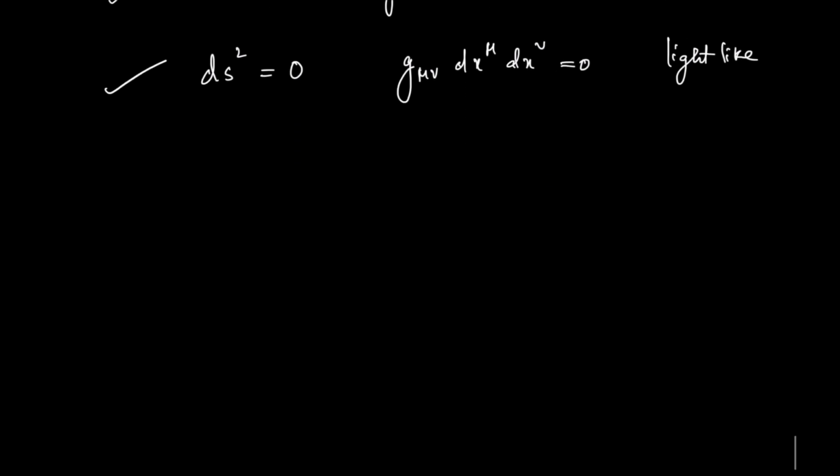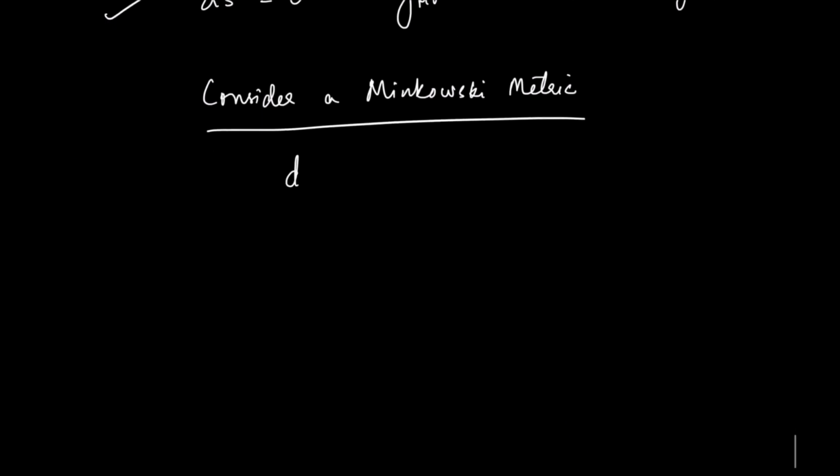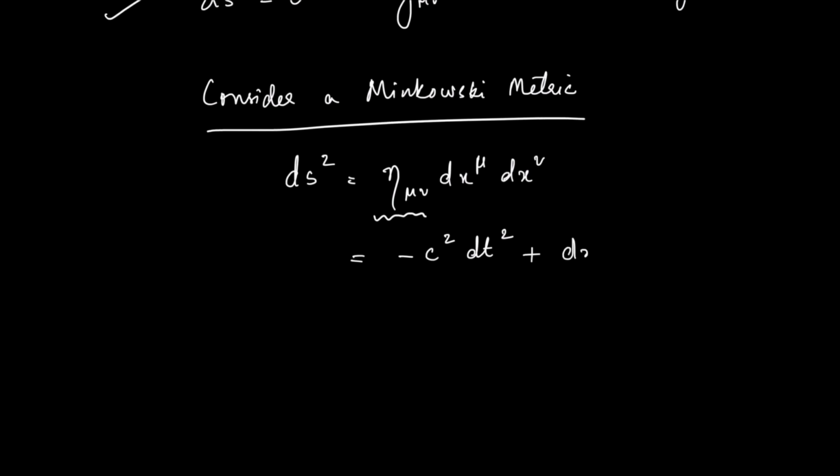Now we'll see. Consider a Minkowski metric. Then ds square is equal to eta mu nu dx mu dx nu. So this is the fundamental metric tensor in the Minkowski metric. So I can expand, I'll get minus c square dt square plus dx square. So this is the Minkowski metric.